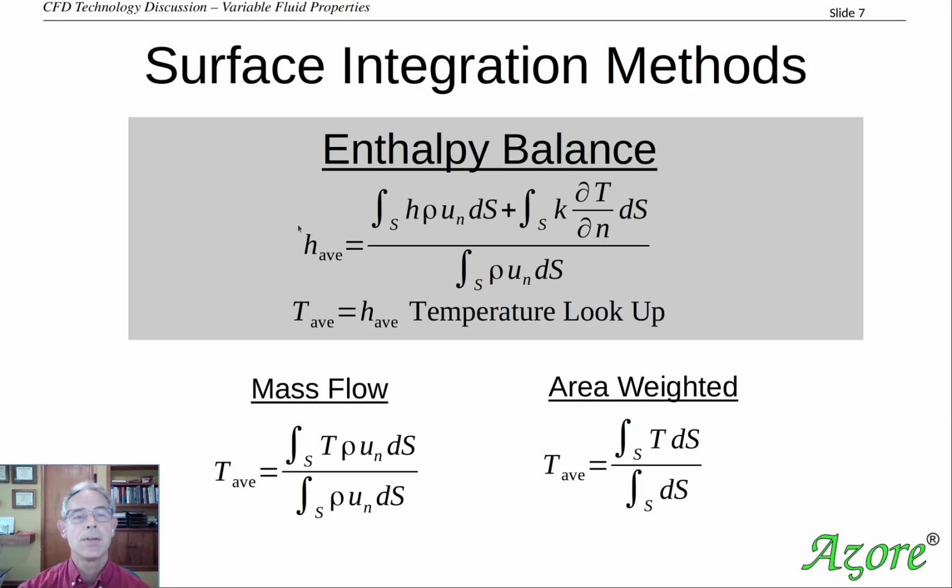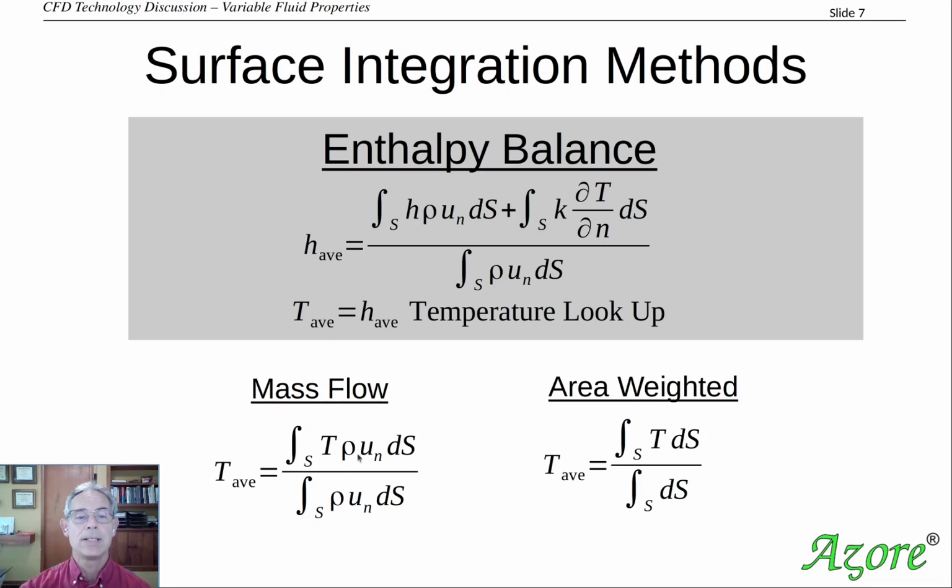And then once we know that average enthalpy value, we can use those enthalpy curves to actually calculate an average temperature. And this average temperature will be one that represents what you might expect from a mixture average standpoint. Another method that you might want to use to determine an average temperature value would be a mass flow weighted value.